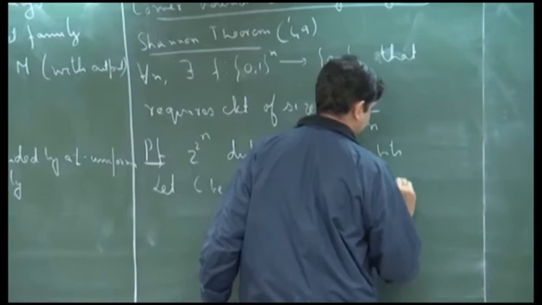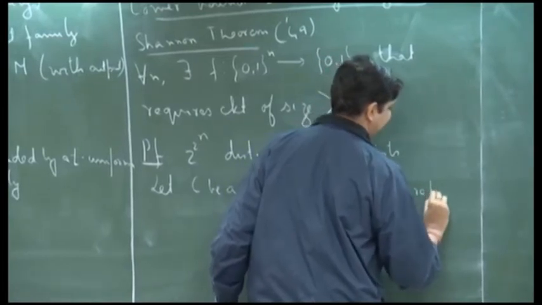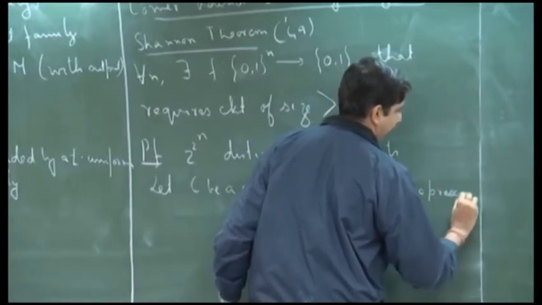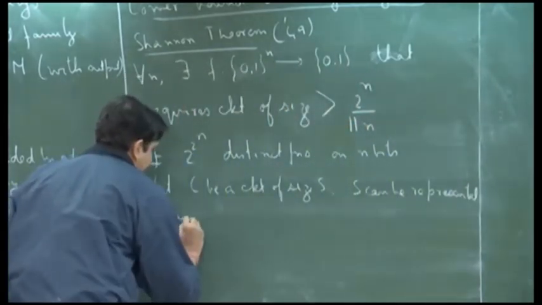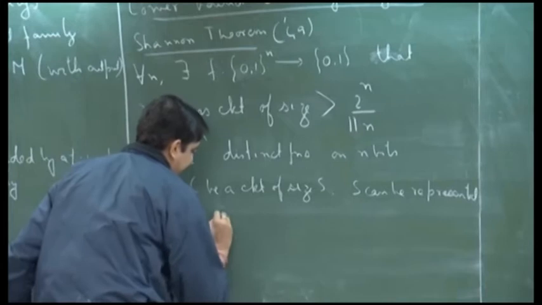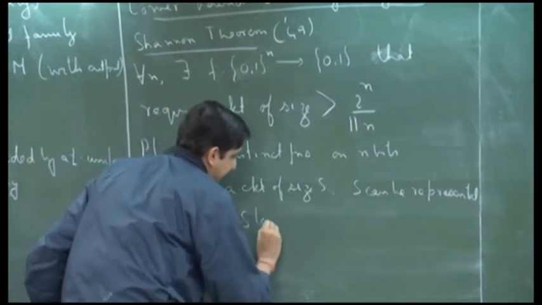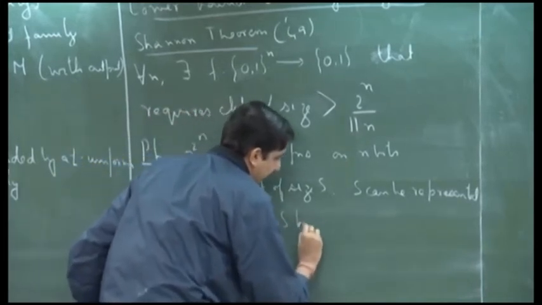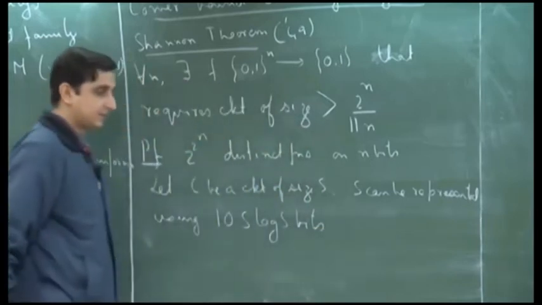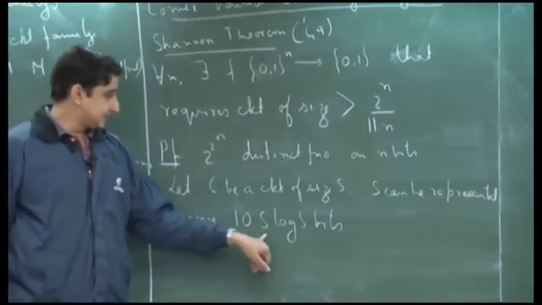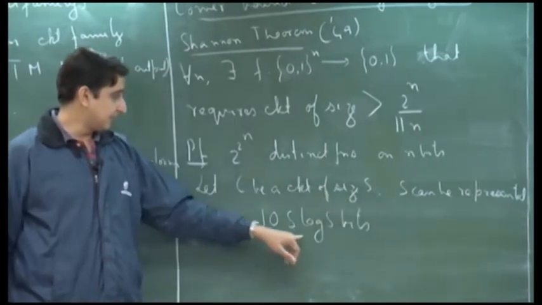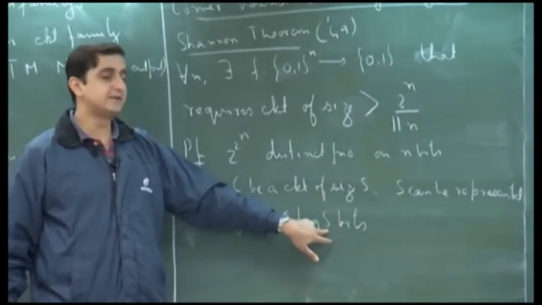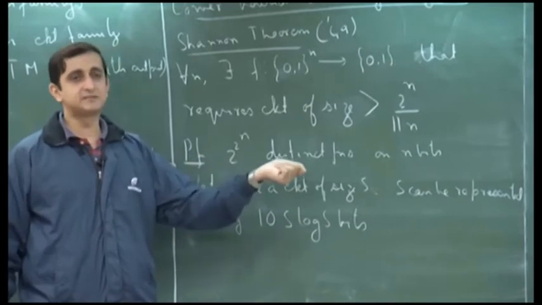So, I can say something like, C is a circuit of size S, and it can be represented using some, let us say 10 S log S bits. Okay. So, this S comes from the fact that the number of vertices in this graph is S, and we need log S bits to represent one of its incoming edges.